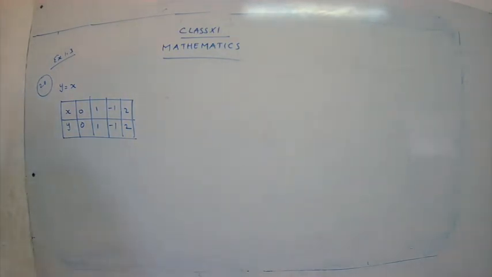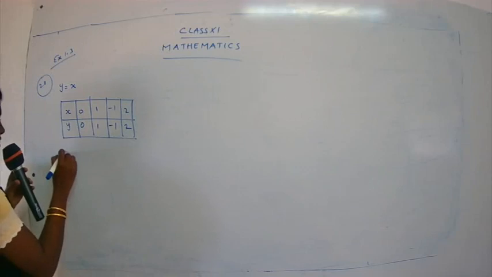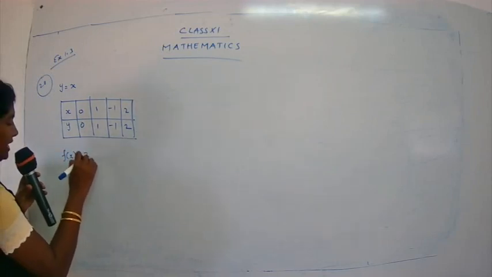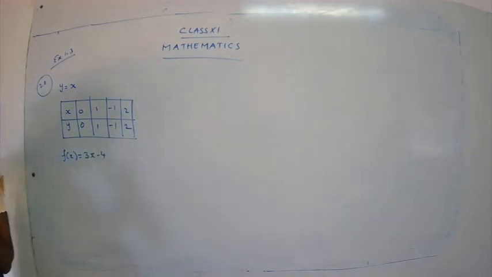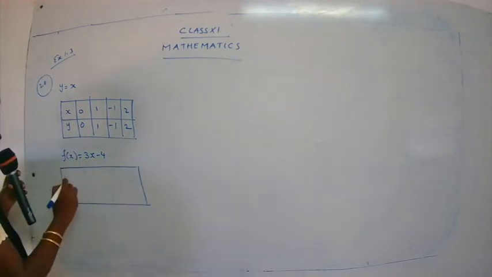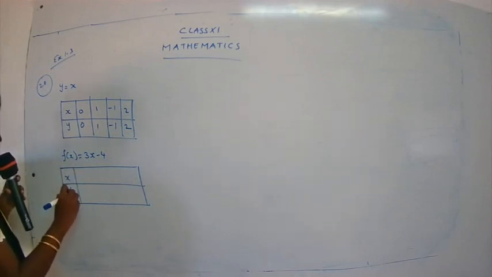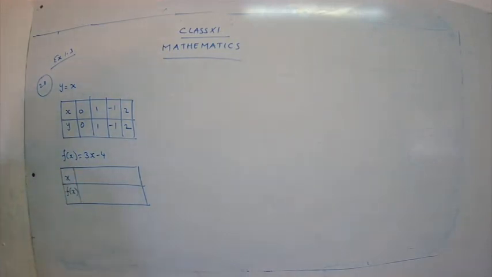I have told you that we have to find out the function. That is, you have to get the value for the function also, and also you have to graph for f inverse x. So if you have place, you can write down over here, or you can just continue here, no problem. So f of x is equal to 3x minus 4. So let's write down the value. One unknown is x, and here you get f of x. So put here x, f of x.